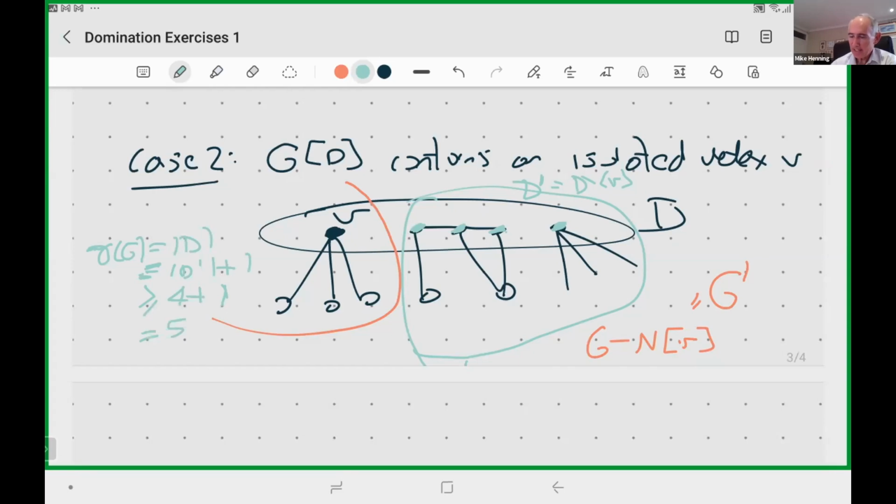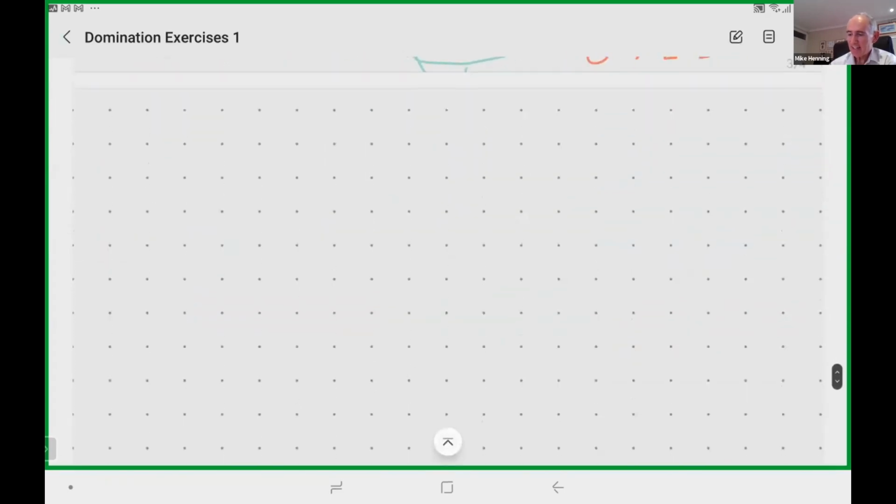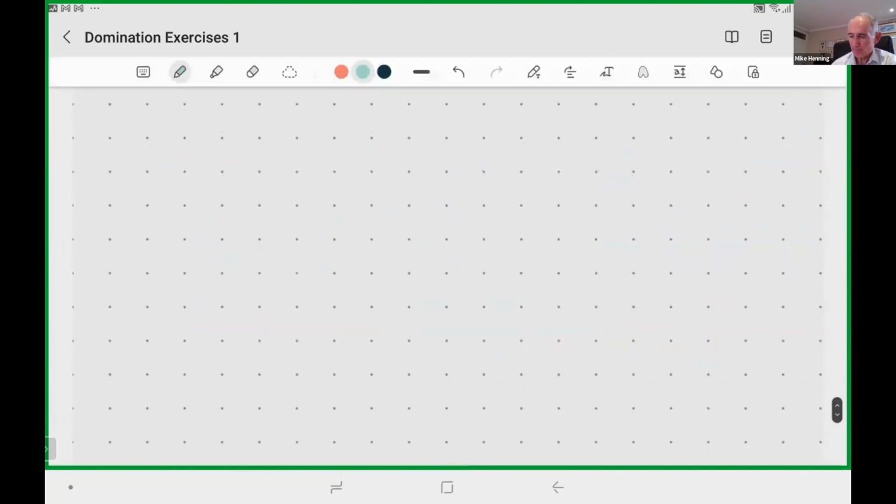Well, that's going to be fairly easy. So let's look at our graph. If you don't mind me quickly redrawing it, let's take our generalized Petersen graph, which I'm not going to draw very well, but let's look at the drawing of it.